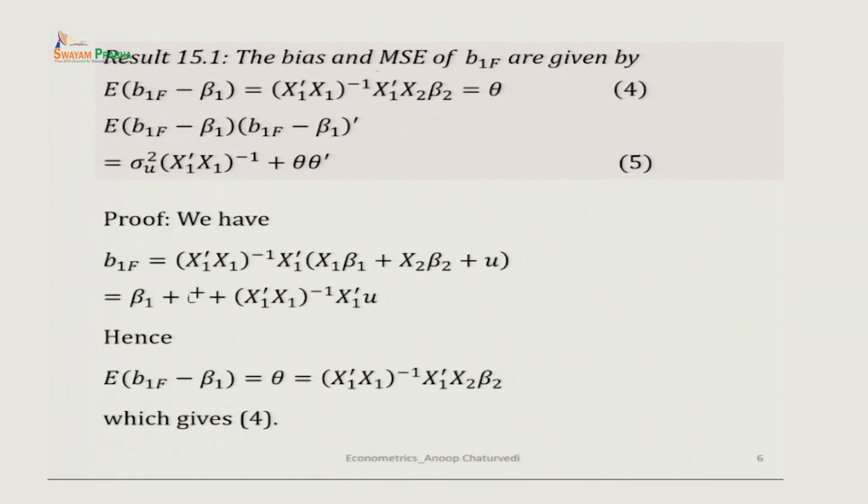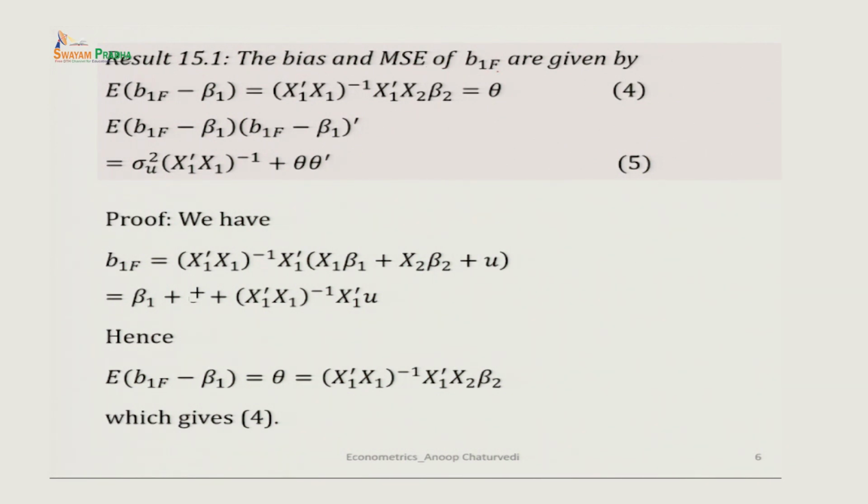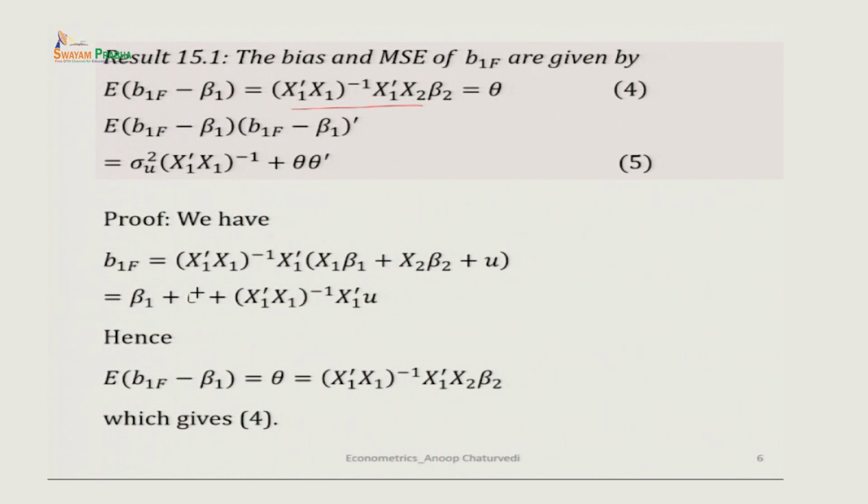Now, we obtain the bias and MSE of b 1F. The bias and MSE of b 1F are given by expectation of b 1F minus beta 1 equal to X 1 transpose X 1 inverse X 1 transpose X 2 beta 2, which is equal to theta. We have denoted this quantity by theta. And then expectation of b 1F minus beta 1 times b 1F minus beta 1 transpose is equal to sigma square u X 1 transpose X 1 inverse plus theta theta transpose.